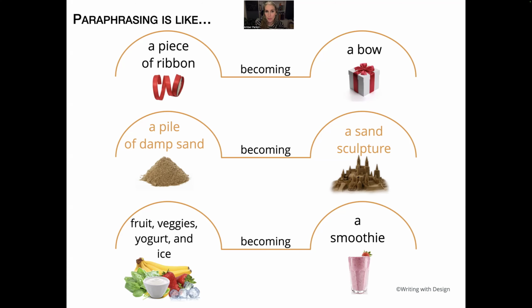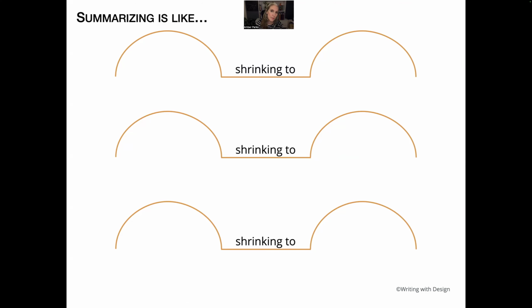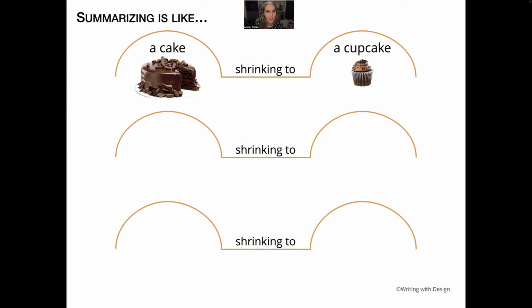Versus with summarizing, notice now the connecting term in the middle is no longer becoming, but it's now shrinking to. And that's really the essence of summarizing, is that something like a cake shrinks down to a cupcake. What about a fruit platter? If we take that fruit platter and shrink it down, what do we get?